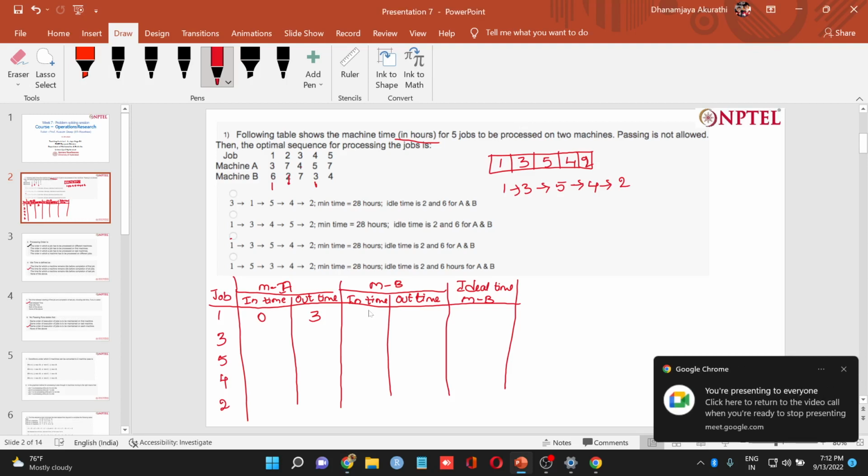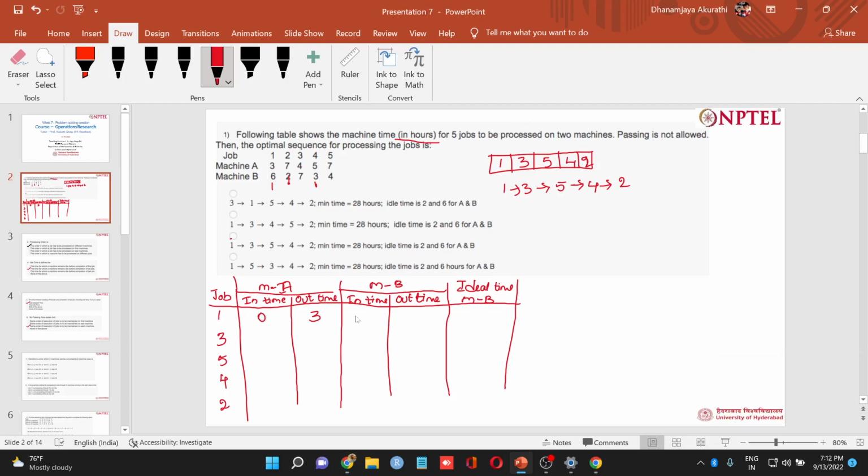The in time of mission B is after mission A is completed, only then will mission B enter into processing. So the in time for mission B is 3 hours, and mission B processes job 1 for 6 hours. So the entering time is 3 and processed 6 hours, so the out time is 3 plus 6, 9 hours.